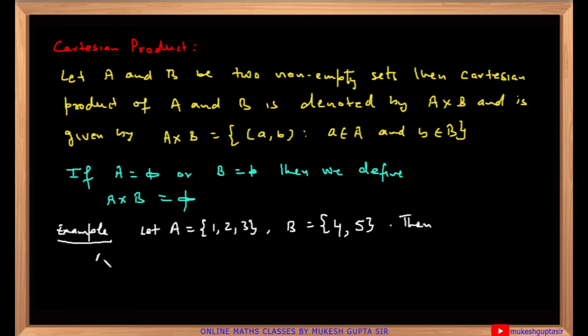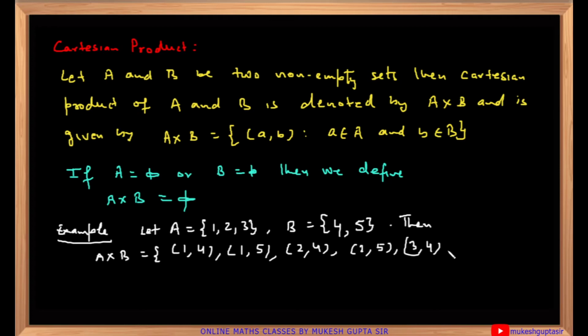Then A cross B is equal to (1, 4), (1, 5), taking 1 from A and 4, 5 from B; then (2, 4), (2, 5); then taking 3 from A, (3, 4) and (3, 5). First element from set A, second element from set B.